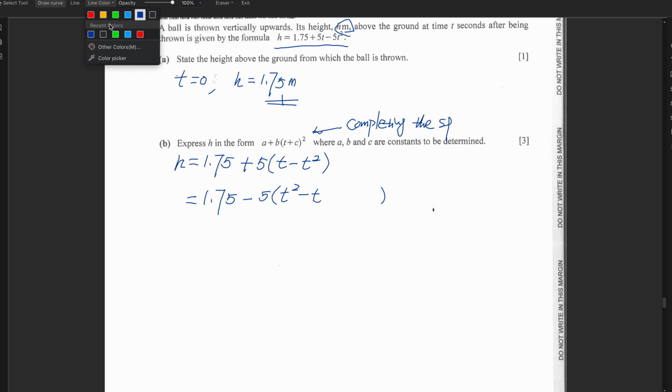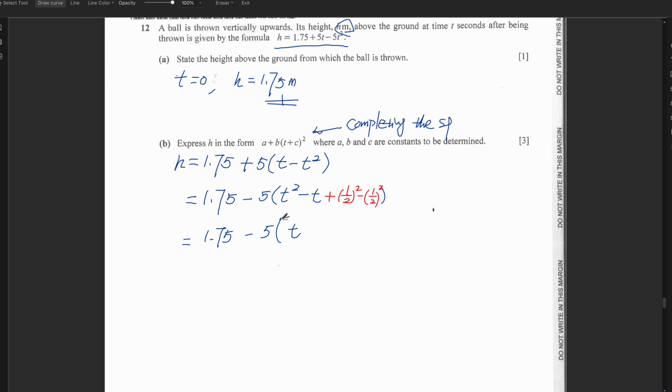Completing the square, we need a plus half squared minus half squared. All right, then this gives us 1.75 minus 5 times, big bracket, small bracket, (t minus half) squared minus 1/4.